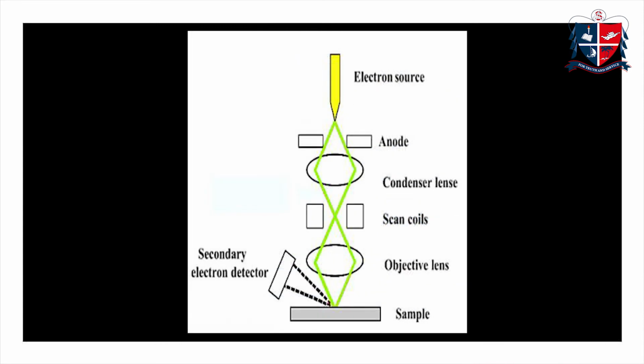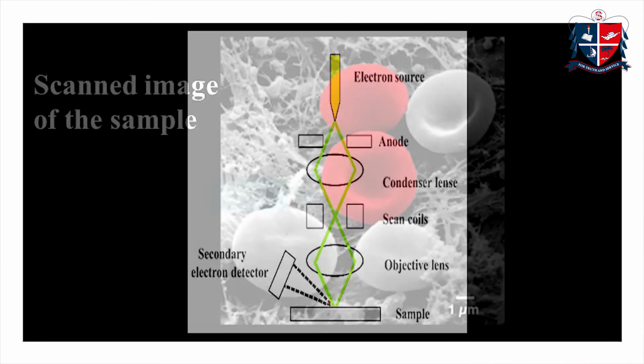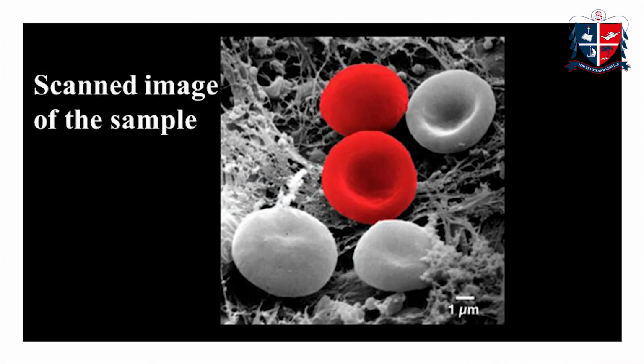This is also a schematic diagram of our scanning electron microscope. This is the electron source, anode, condenser lens, scan coils, objective lens, and the last one is the sample. This is a scanned image of the sample. We get the surface of this sample.